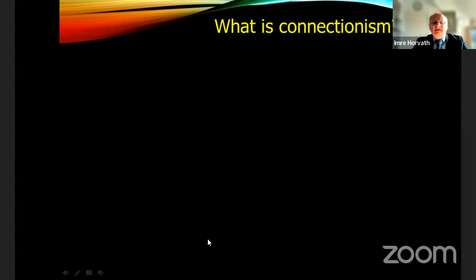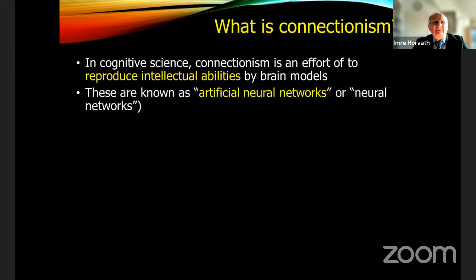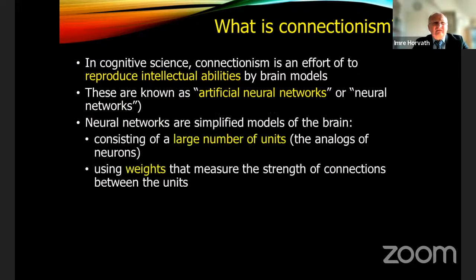Let's define what connectionism means. In cognitive science, connectionism is an effort to reproduce intellectual abilities of the brain by brain models. These are known as artificial neural networks or neural networks.